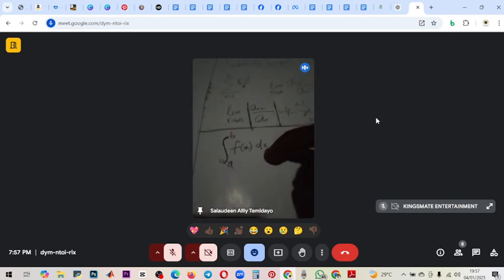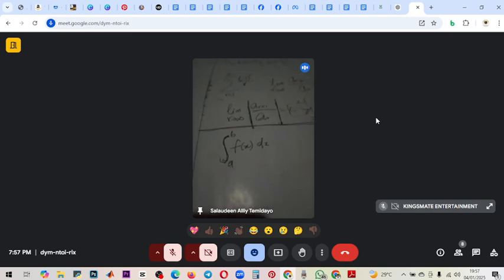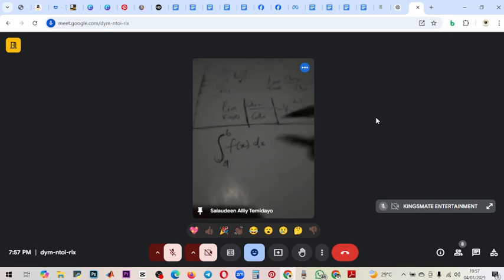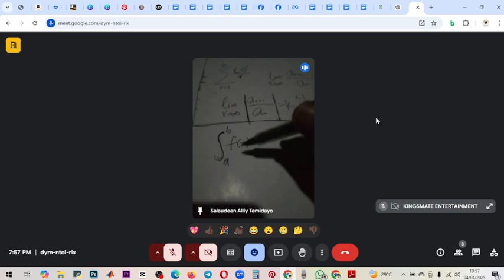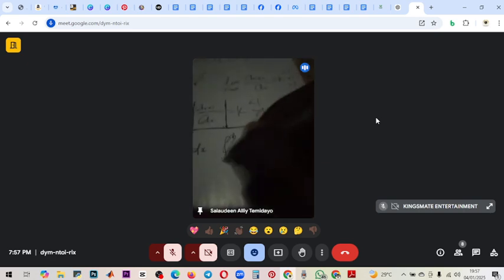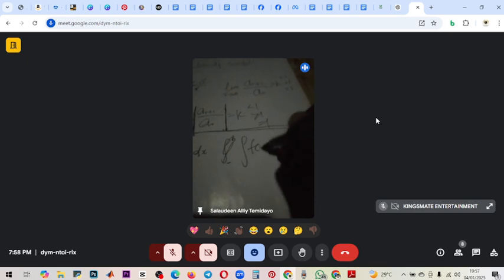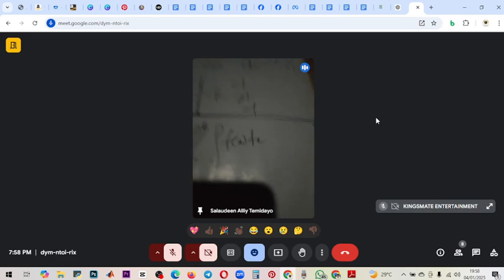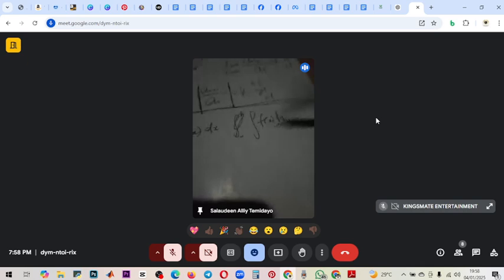This is a definite integral. It is a bounded integral. This is a non-bounded integral. It is not having any boundary, but this one goes from A to B and has no boundary here.